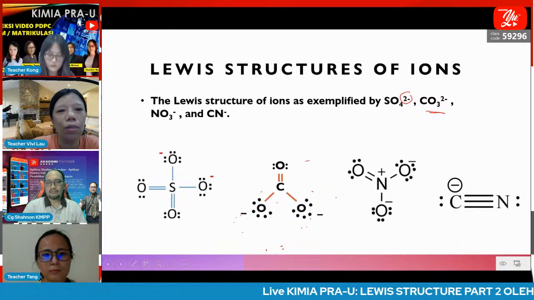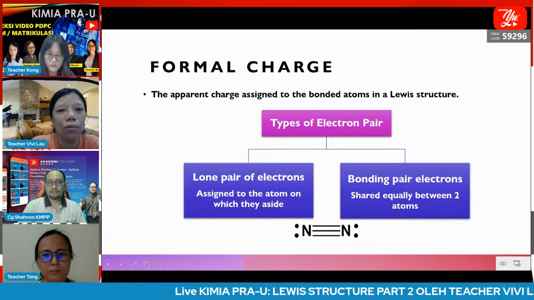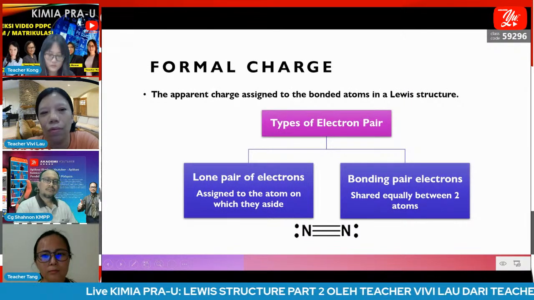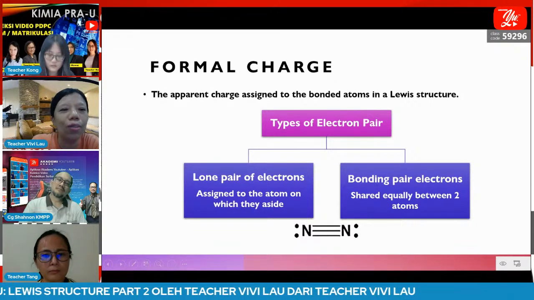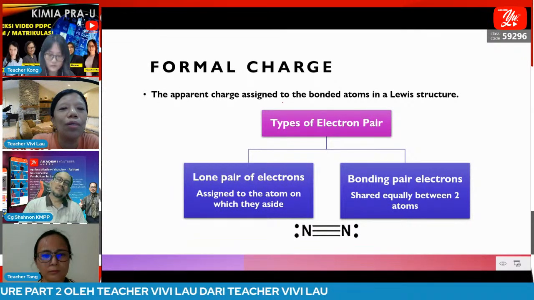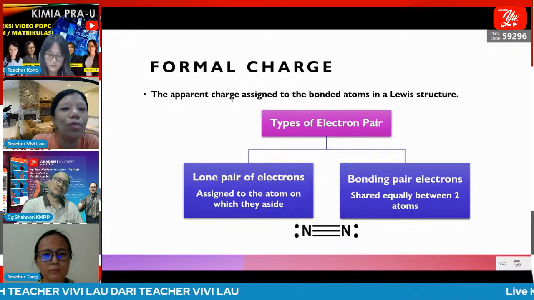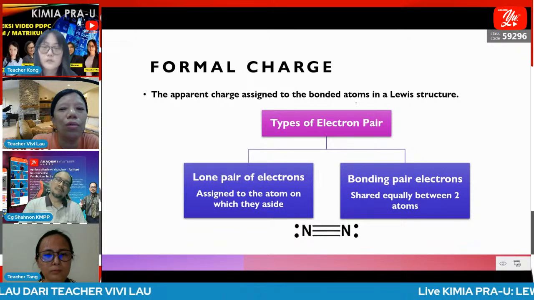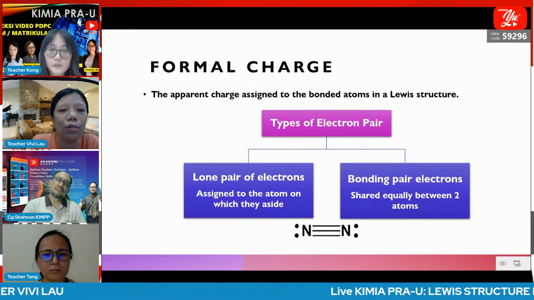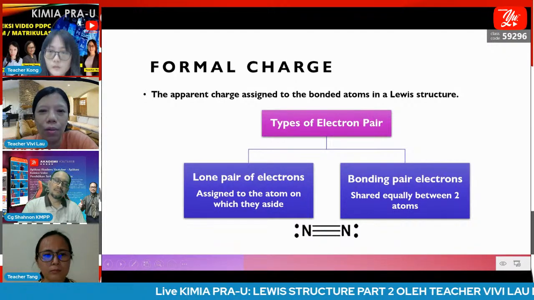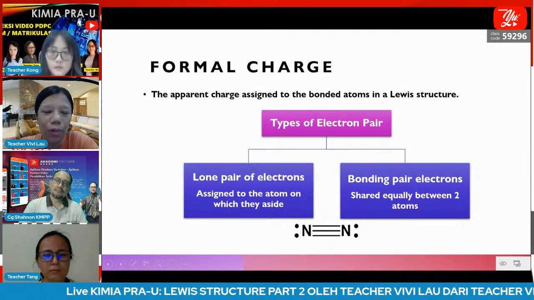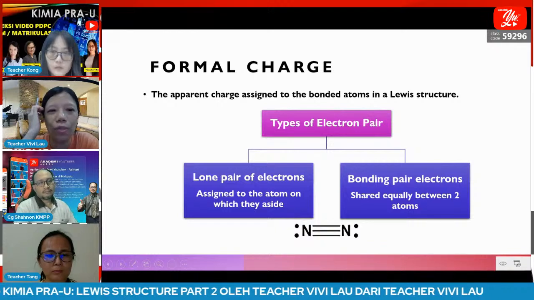Okay, so we look at formal charge. Formal charge is not the real charge. It's an imaginary or apparent charge assigned to the bonded atoms in the Lewis structure, to help you decide the best Lewis structure.